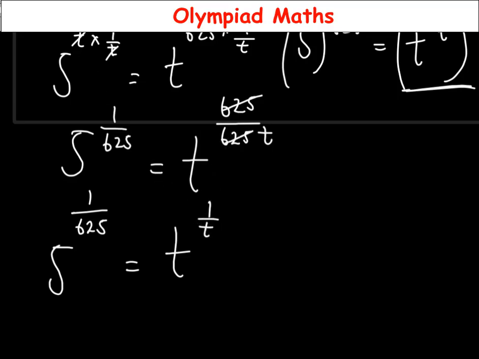At this junction, if you look closely on your right hand side, t here, which is the base, is equal to t here, which is the power denominator.